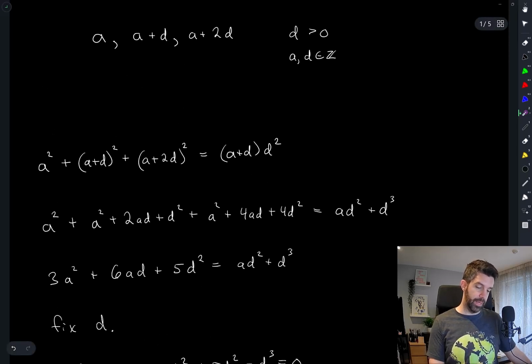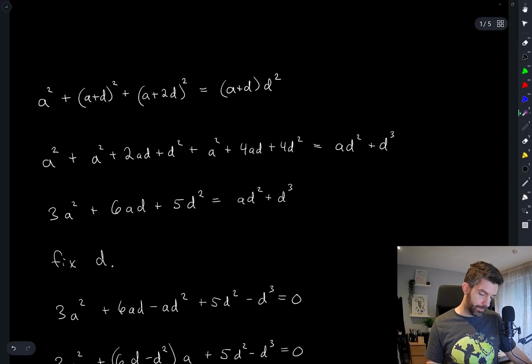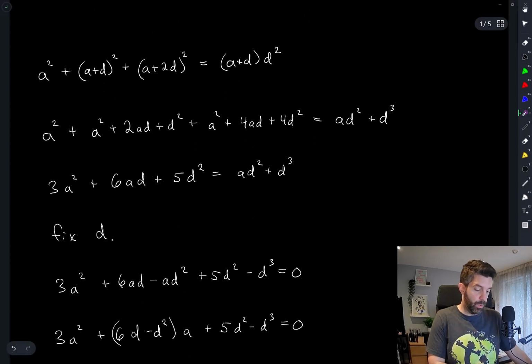Also keep in mind that we have restrictions on these numbers. At this point, I wasn't completely sure what was going to work, but you got to try something eventually, and expanding this is a pretty natural thing to do.